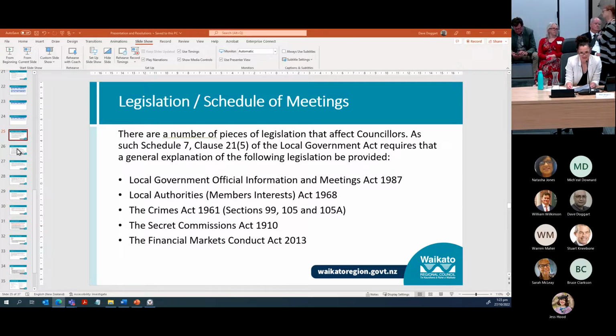An explanation of all of these pieces of legislation is within your agenda, and so I would simply take it as read. I don't intend to go into the detail of what is already outlined in your agenda.